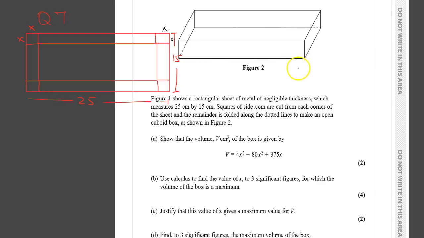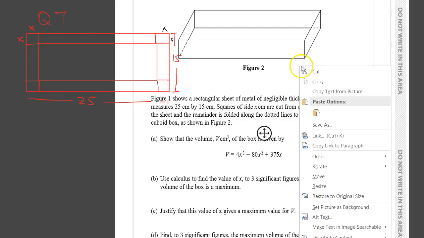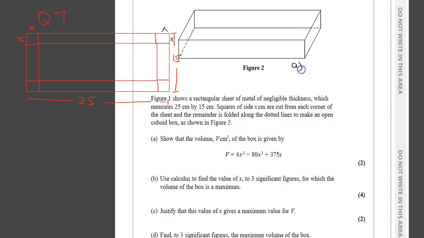Now for the volume of a box, a cuboid, let's say L, B and H: length, breadth and height. So this was 25, x is reduced here and x is reduced here.